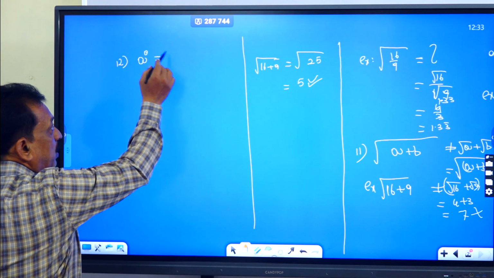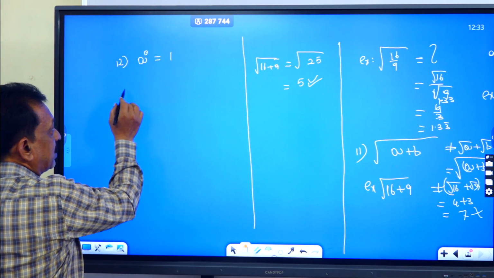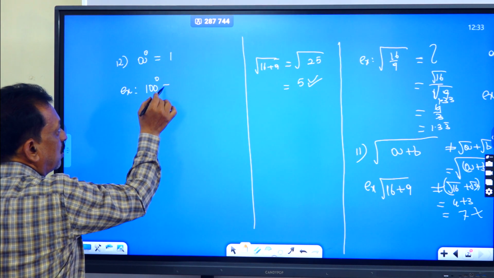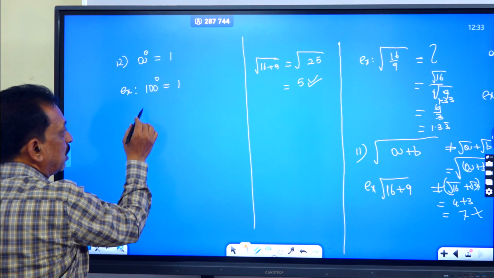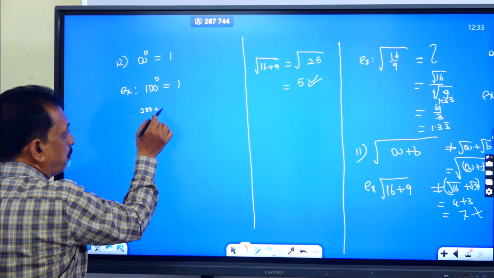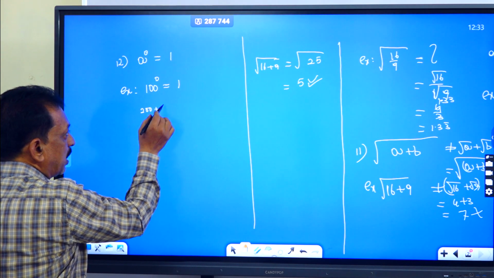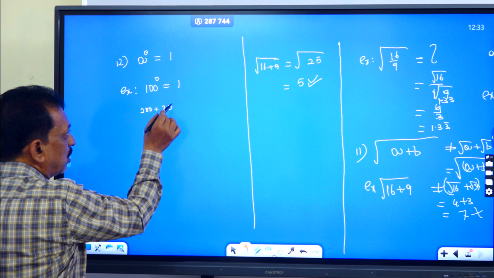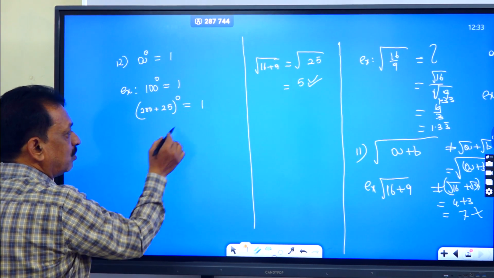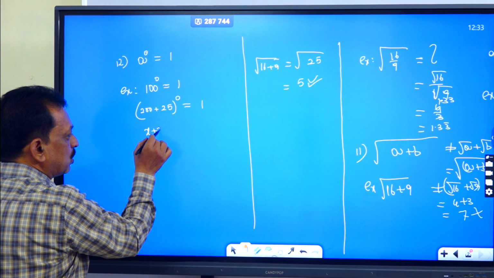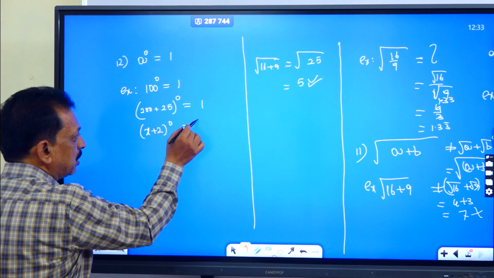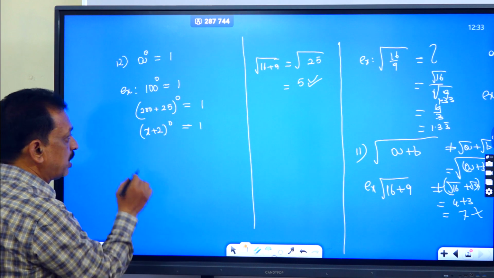For example, 100 to the power of 0 is equal to 1 only. Likewise (200 plus 25) whole to the power of 0 is equal to 1 only. Otherwise (x plus 2) whole to the power of 0 is also 1. That means anything to the power of 0 is 1.